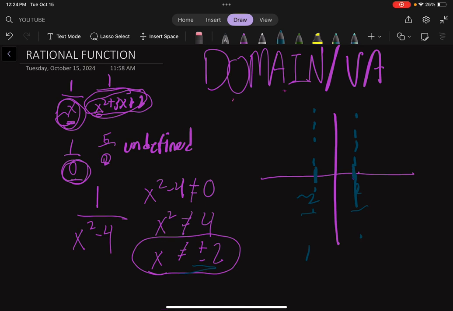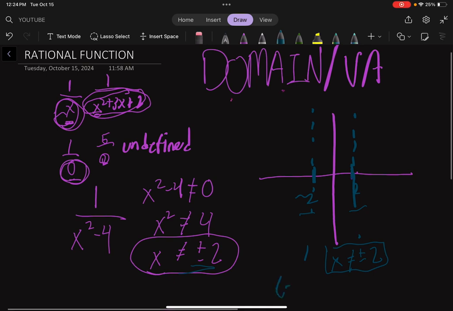So we could either say x cannot be plus or minus 2, which will work for this question, or write it in union notation, interval notation, as I say: minus infinity to minus 2 in union with 2 to infinity. And there we have it.